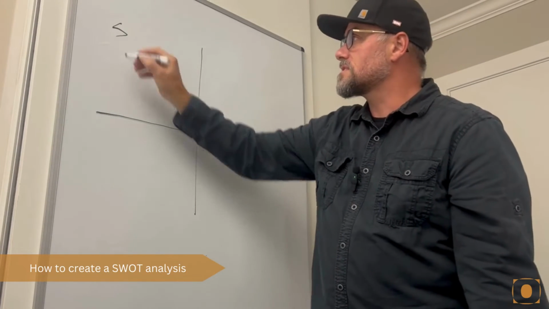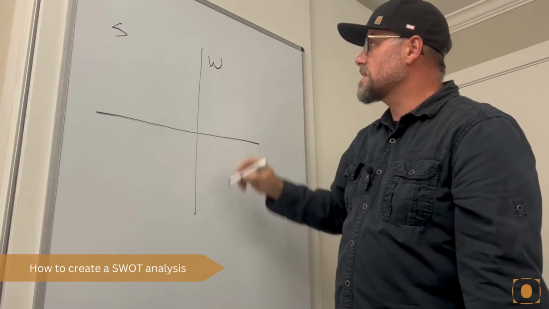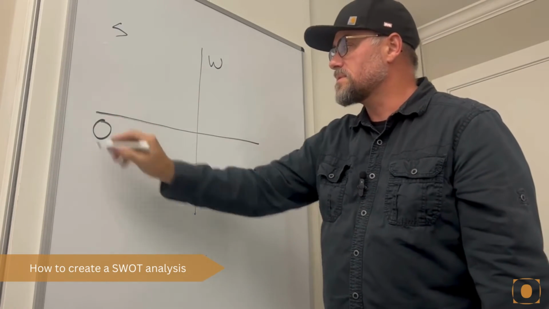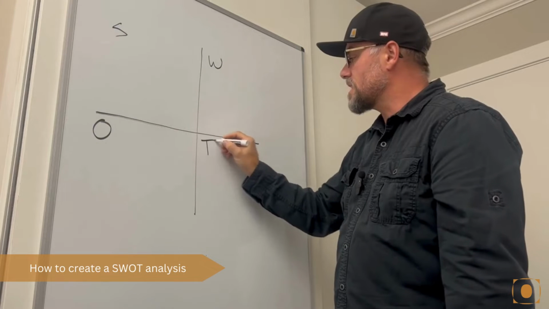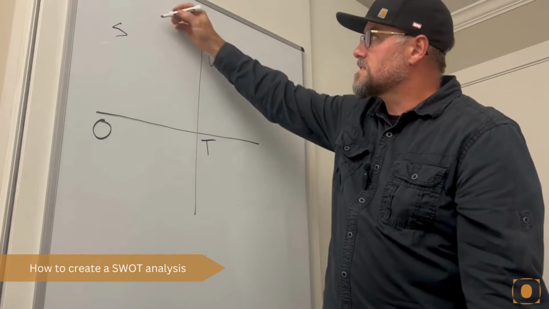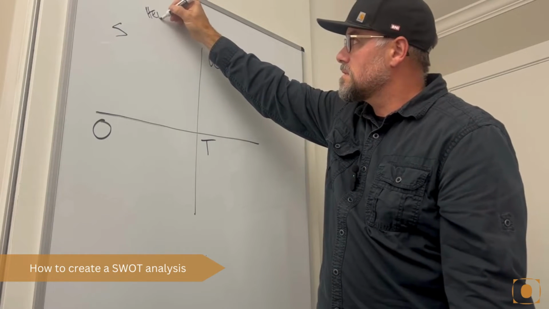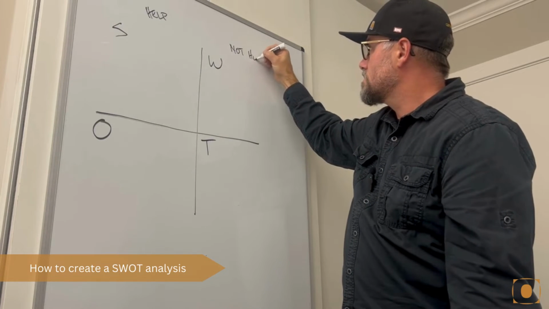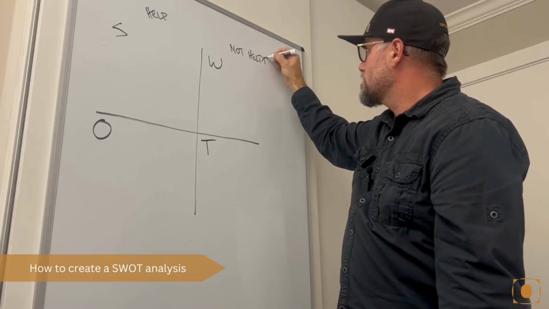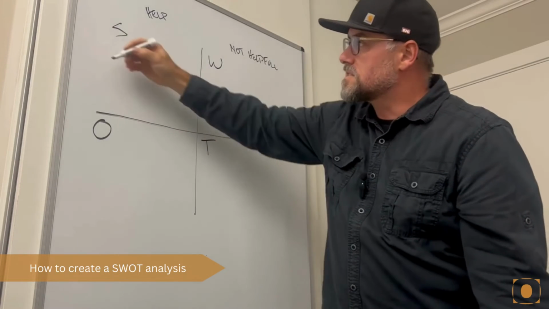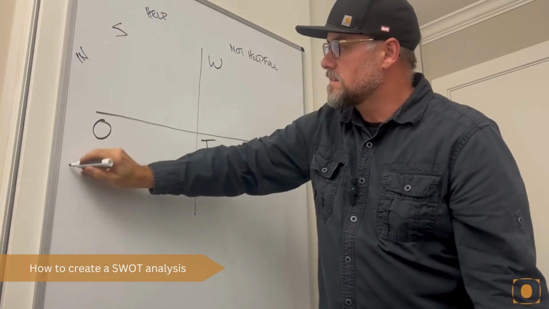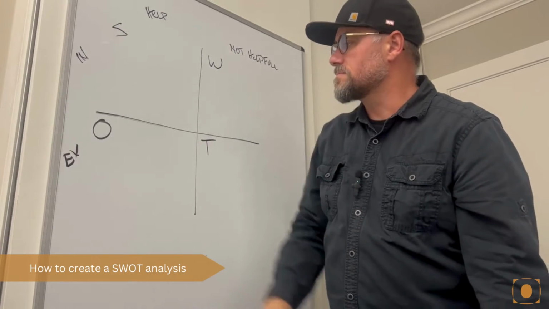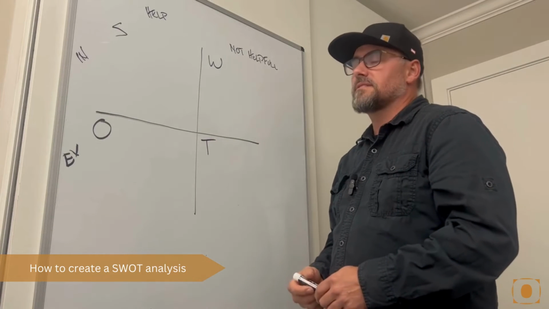And this is your strengths, your weaknesses, your opportunities, and your threats. This is what's going to help you, and this is not helpful. This is internal, and this is external.